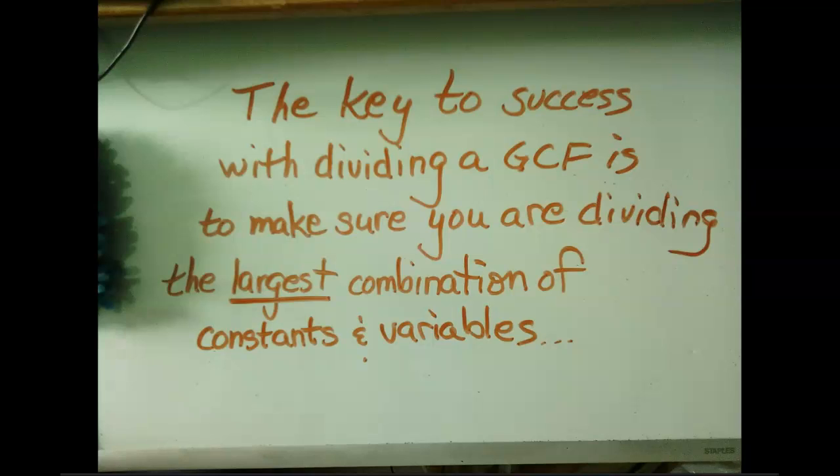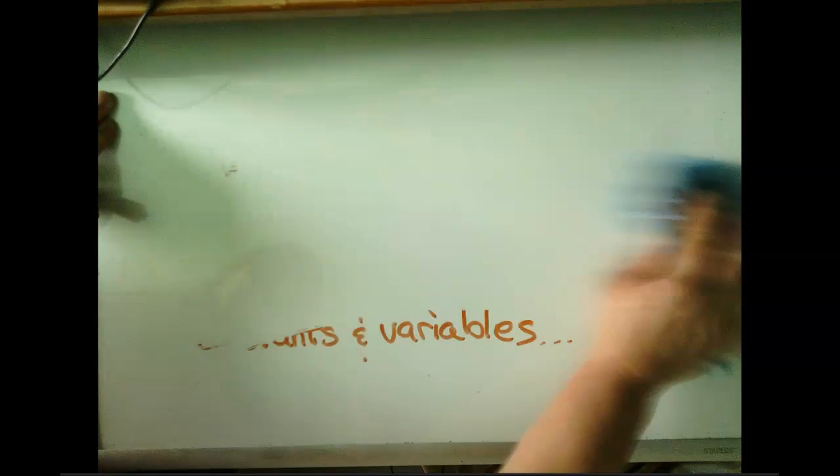So, the key to success when you're dividing a greatest common factor out of a polynomial is to make sure that you are dividing the largest combination of constants and variables. And this is what I mean by that. So let's take a look at this.